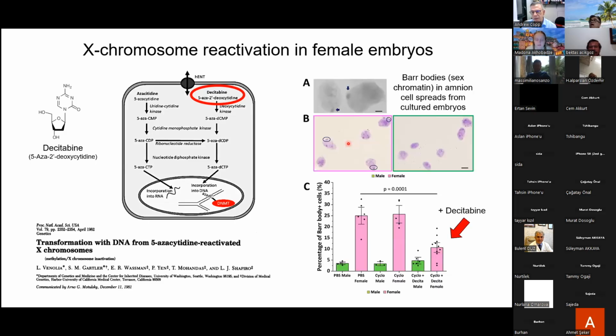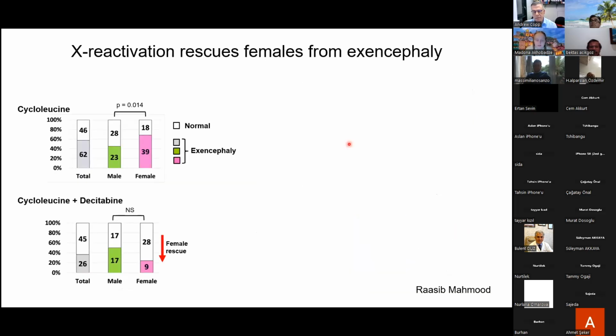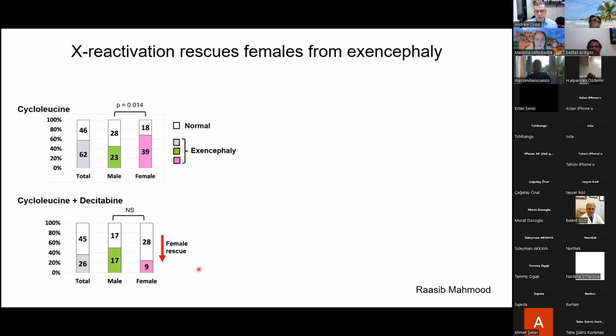So can we test that? Well, we looked at the frequency of defects, first of all, and as predicted, we saw a major female rescue when we treated with decitabine, but the males were not affected. They remained roughly 50-50.